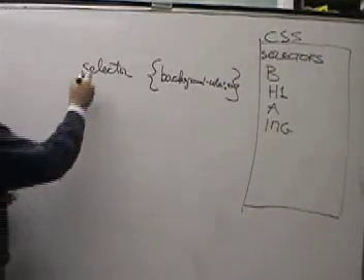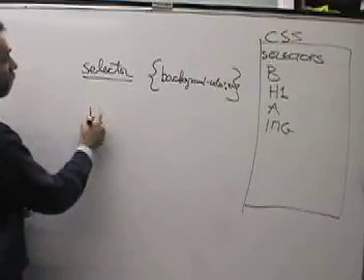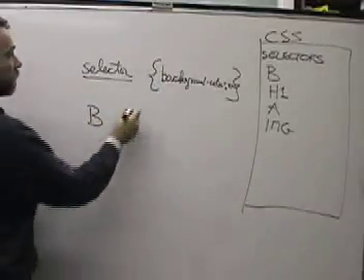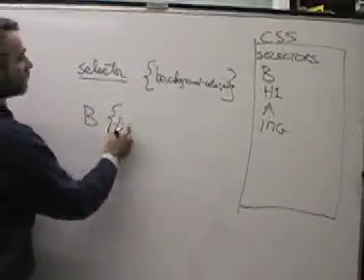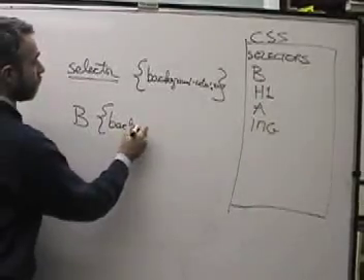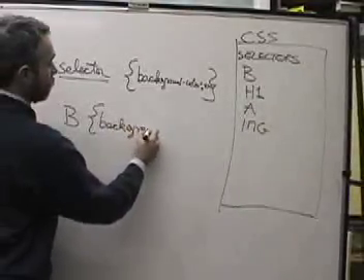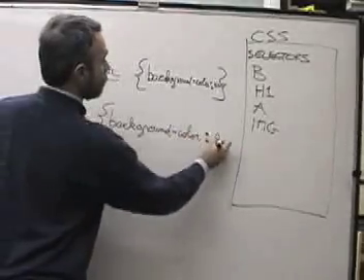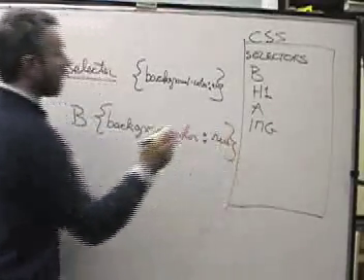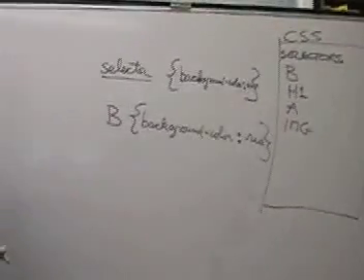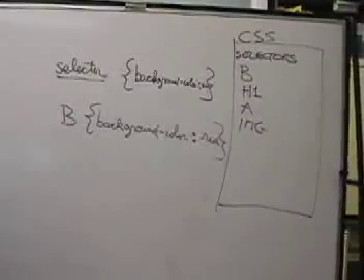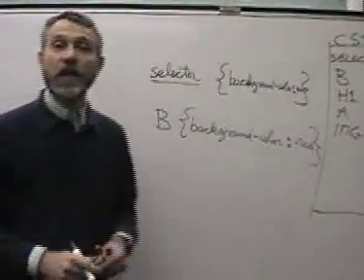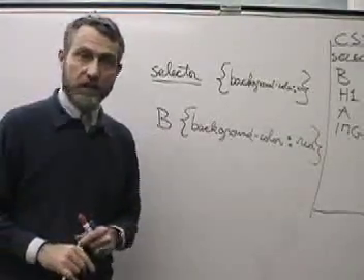So to repeat, the selector is going to be, for example, B, bold. So every time you have bold, you're going to say background-color, colon, red, curly bracket. That's it. That's all you have to do, and every bold tag will now have a background with a red color.